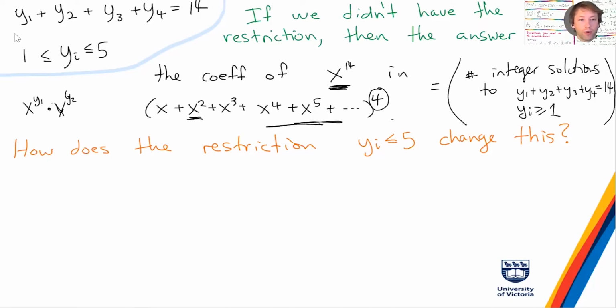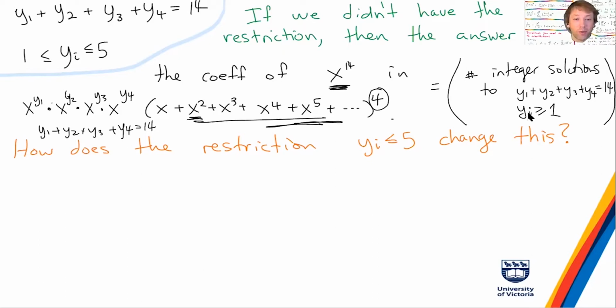I get an exponent of y1 from the first one, y2 from the second, y3 from the third, y4 from the fourth, such that y1 plus y2 plus y3 plus y4 equals 14. I'm not sure how to make this crystal clear, but the coefficient of x to the 14 in the expansion will count integer solutions with this restriction that yi is at least 1.